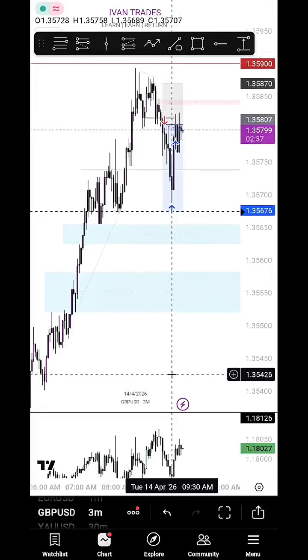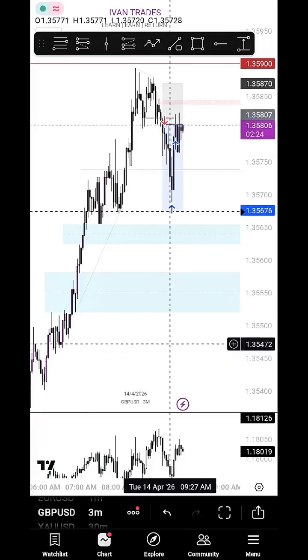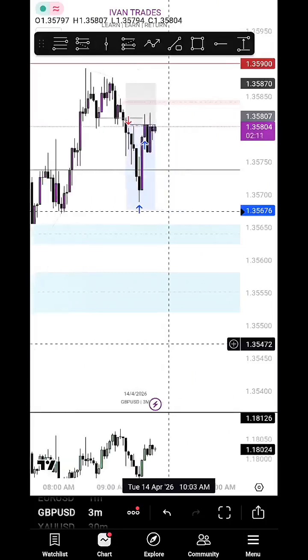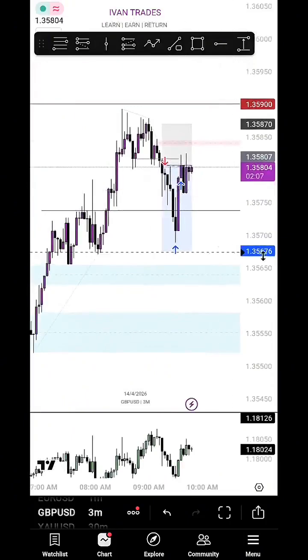Yeah, so far, if you look at the 3-minute, this is just a range, so I have to wait for either buy side or sell side of the range to be swept for me to anticipate any kind of intraday reversal to base my trade idea around. So far I think that's it for now, or even today.